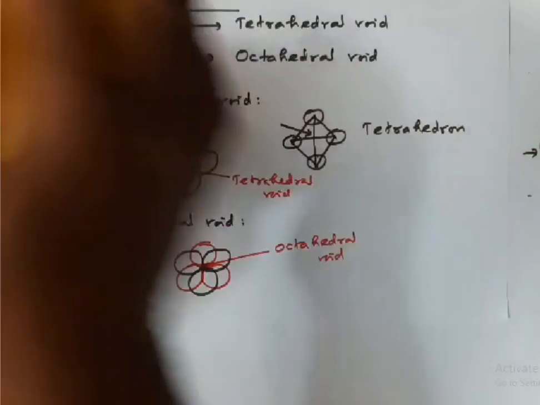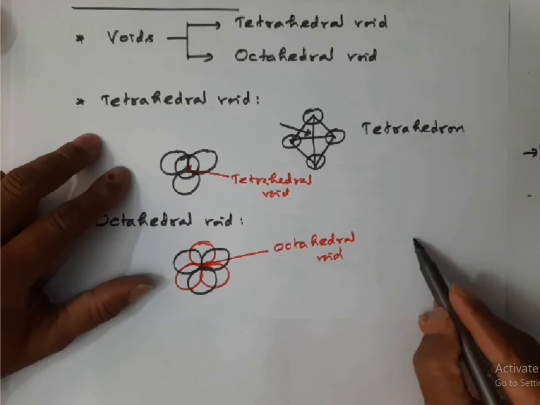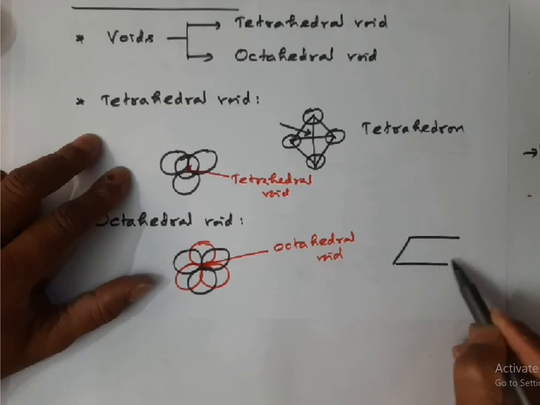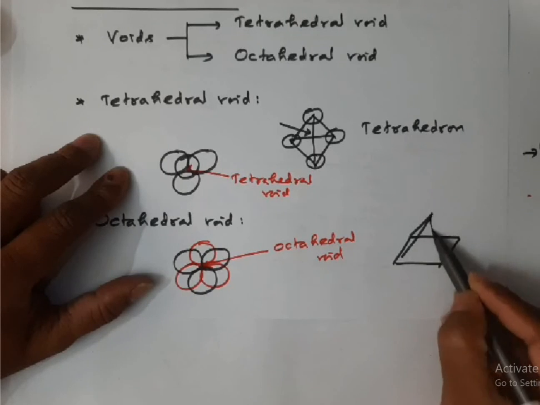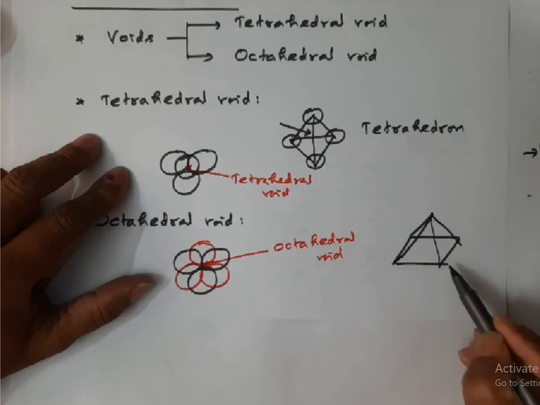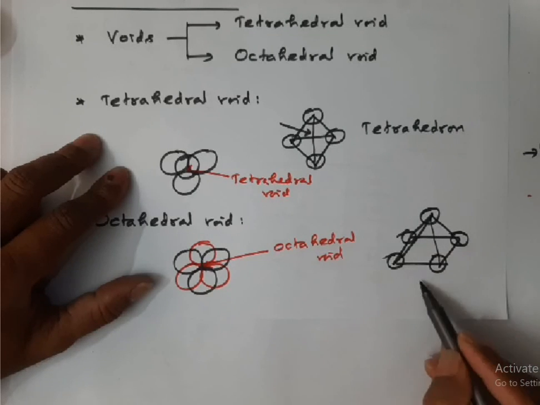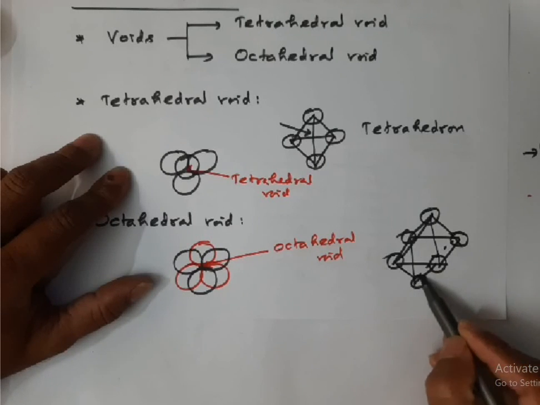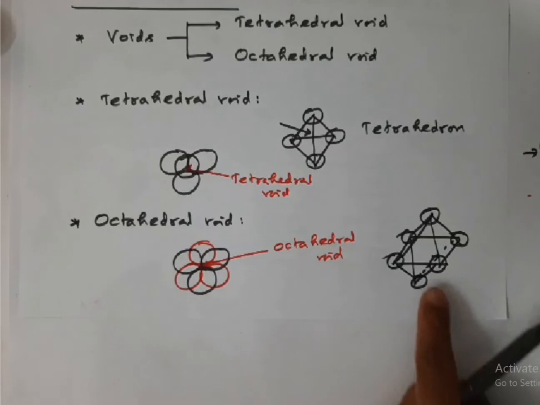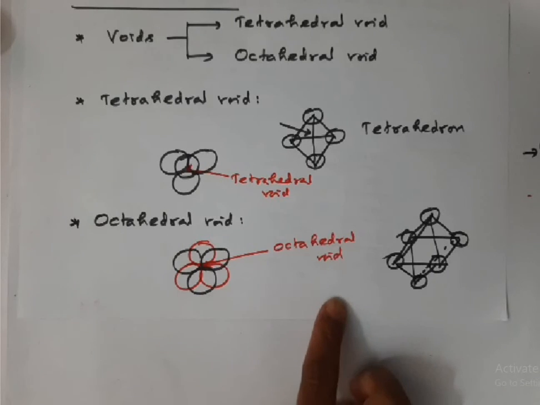Therefore, if you join the centers of all the 6 atoms, you will get a shape that looks like an octahedron. Am I right, students? Is it clear? Any doubt?